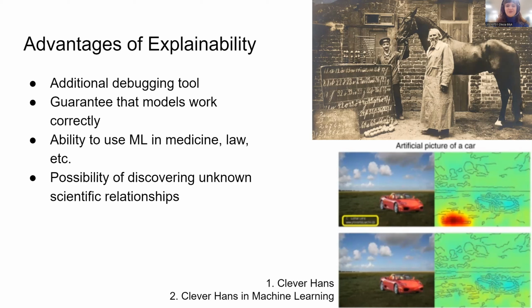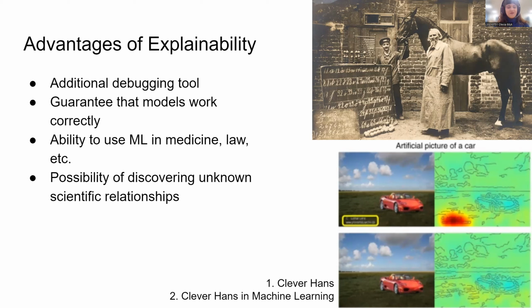An example of Clever Hans in machine learning would be a model that is supposed to interpret the image, but it relies not on the image itself, but on its file name, for example. There are some other advantages of explainability, except the opportunity to root out the incorrectly working models.